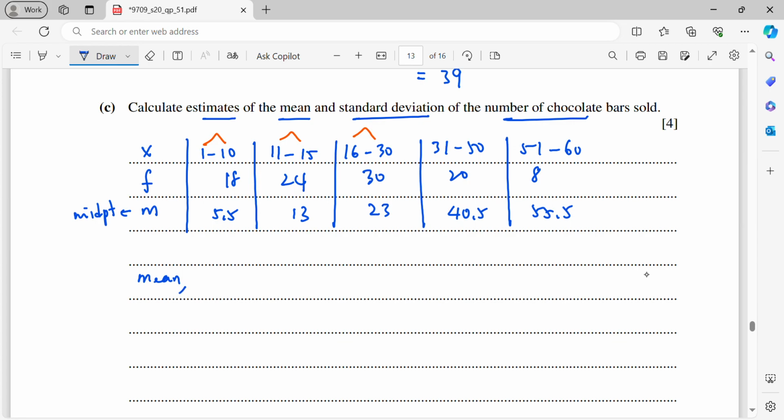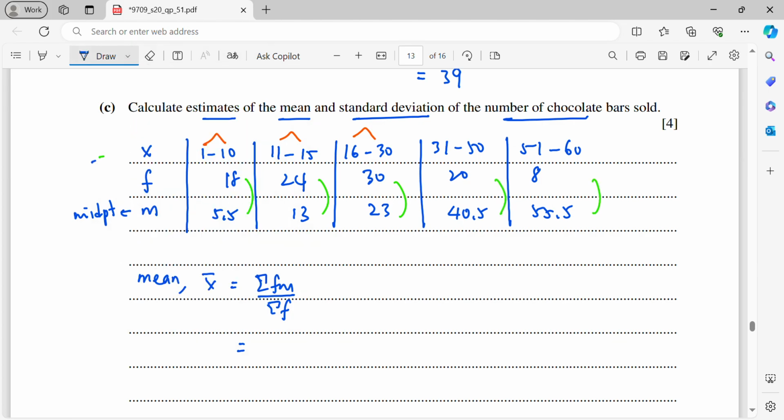So now the mean. Right, I will say this is X bar equals summation Fm over summation F. So it means that now you multiply first before you add.